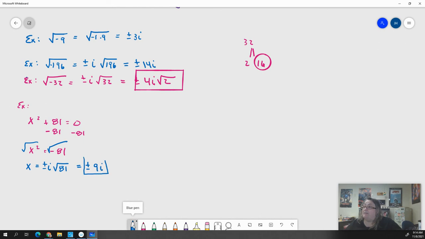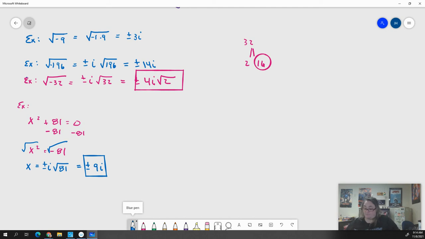This is what x equals. Why plus or minus? Because 9i times 9i can equal negative 81, but also negative 9i times negative 9i can equal negative 81.